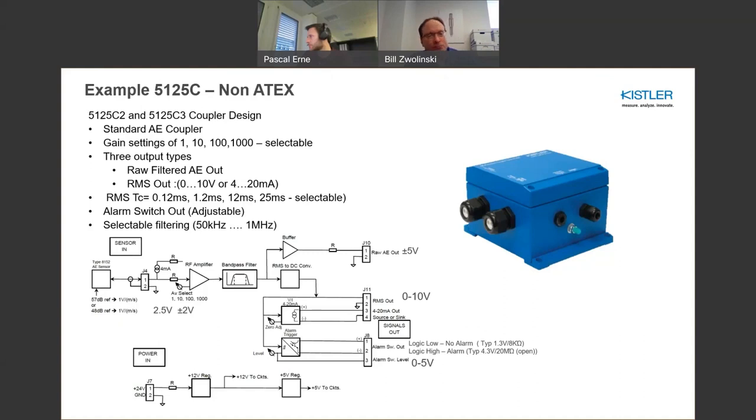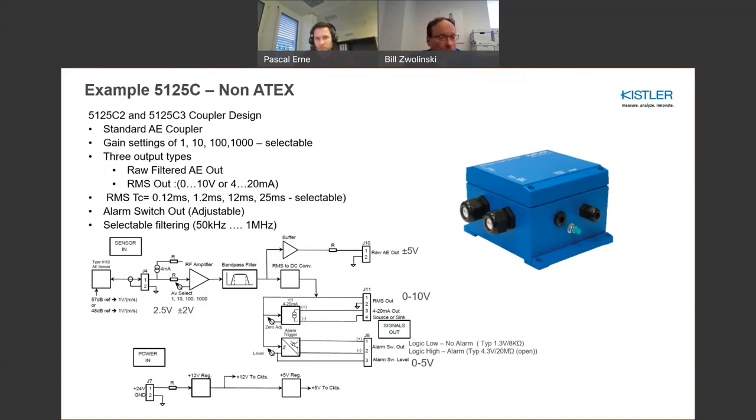With that said, you use a power supply that's a few volts in magnitude, with a 4 milliamp supply, and you're able to realize a 2.5 volt bias plus or minus 2 volts on the signal internal to the coupler.